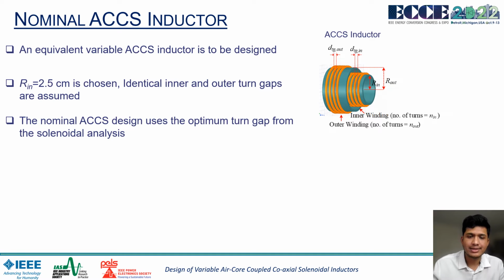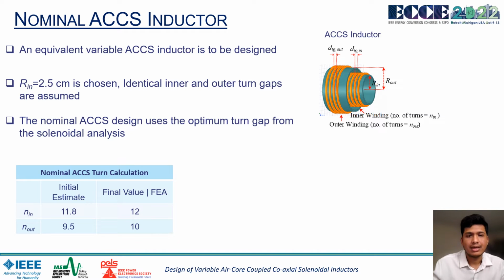The nominal ECCS design uses the optimum turn gap obtained from the solenoidal analysis, which we found as 1.85 mm. Next, after getting these values, the number of turns is calculated using the formula derived in the paper. The initial estimate is close to the final value obtained and verified in the FEM simulations.